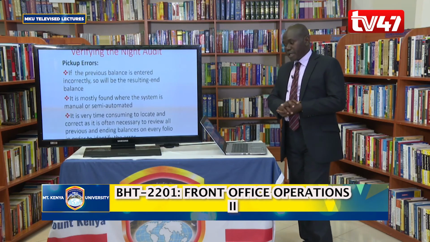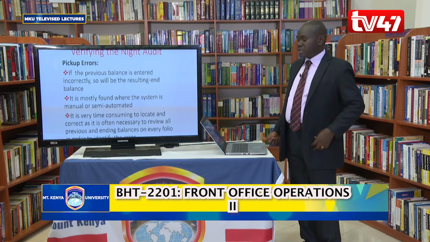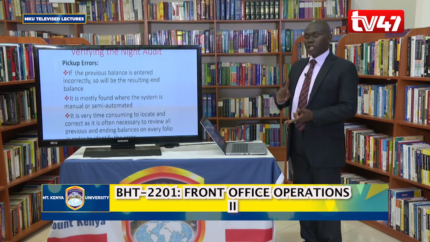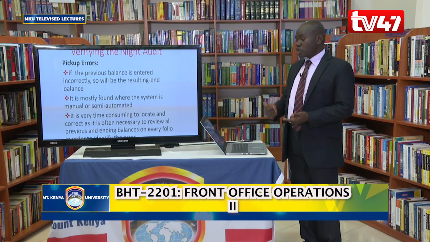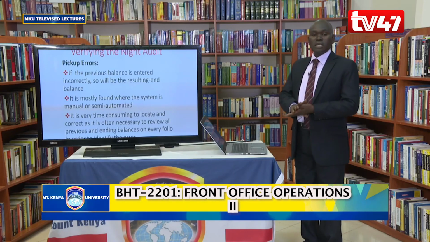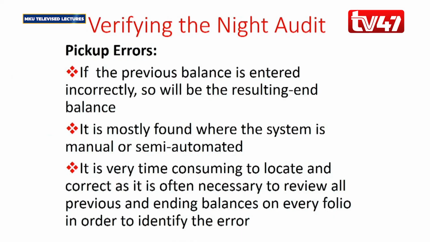Now, for the pickup errors, if the previous balance is entered incorrectly, we also expect the end result to be incorrect. That's what we mean by the pickup error. This may happen if the system is either manual or semi-automated.